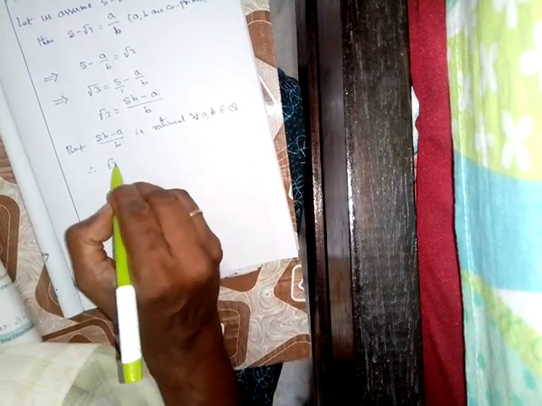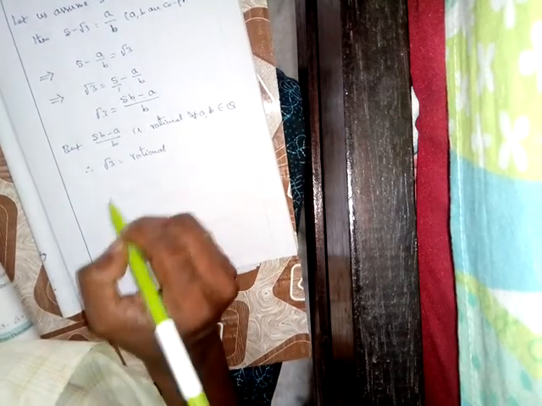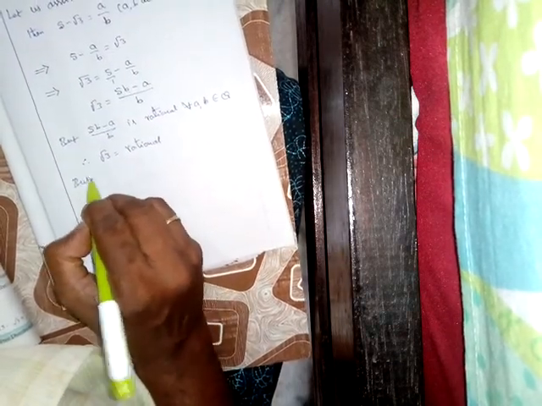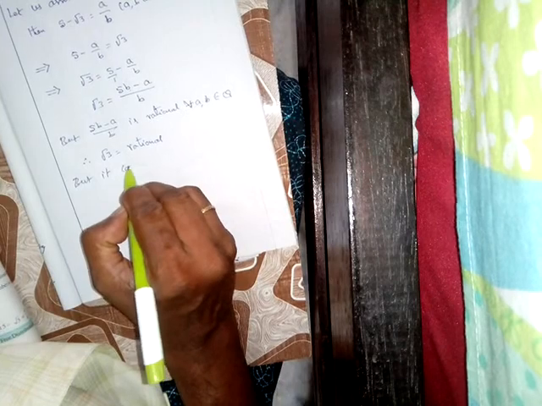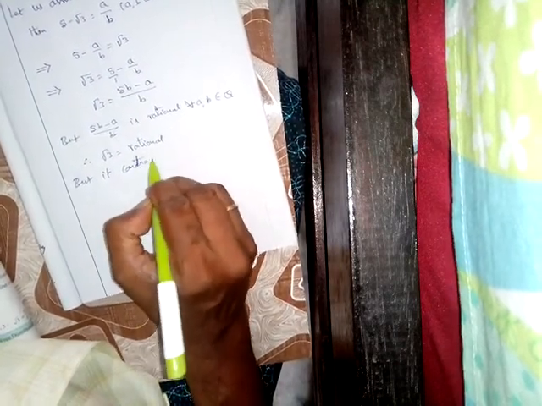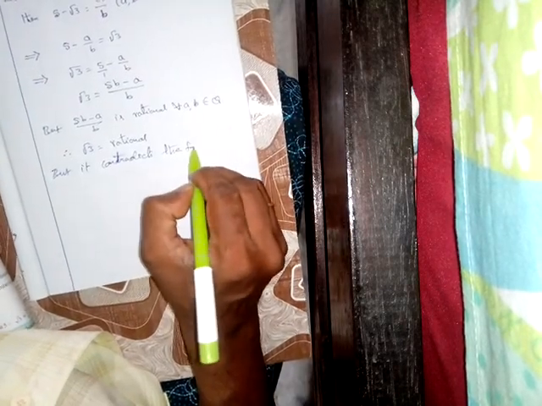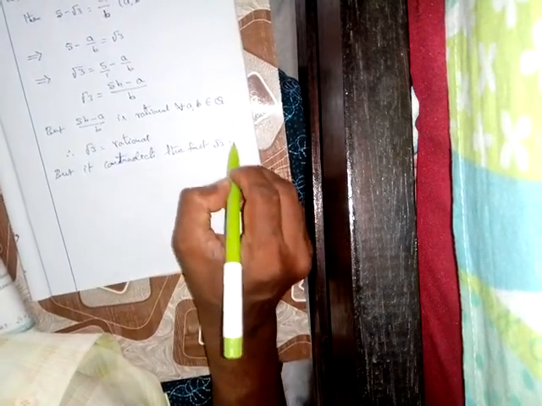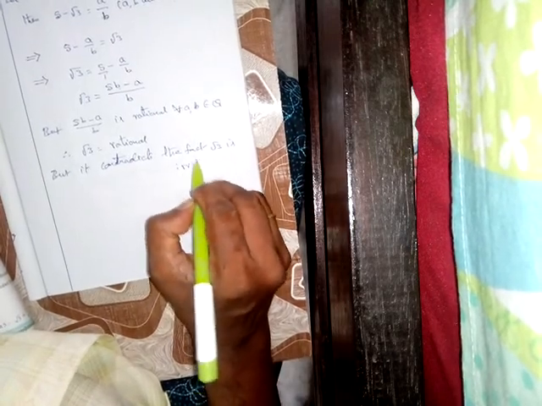Therefore root 3 is rational. But it contradicts the fact that root 3 is irrational.